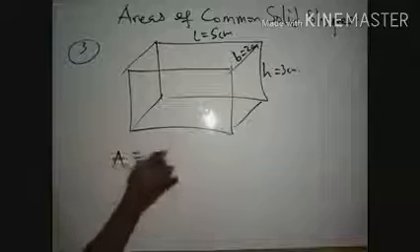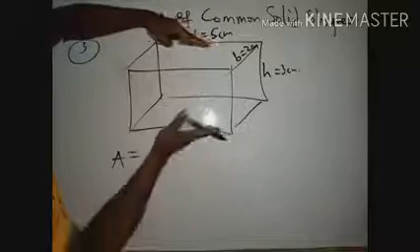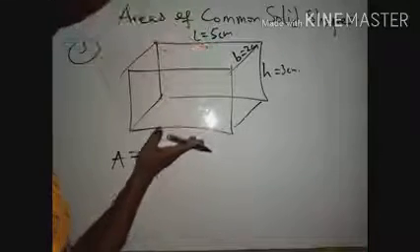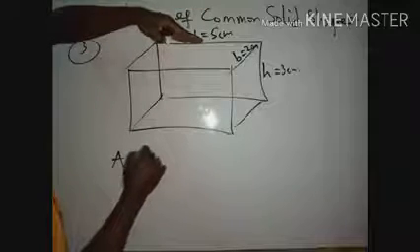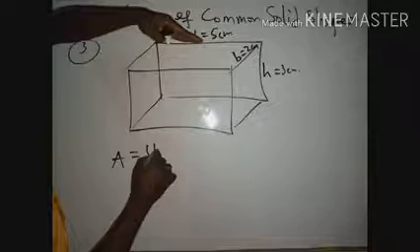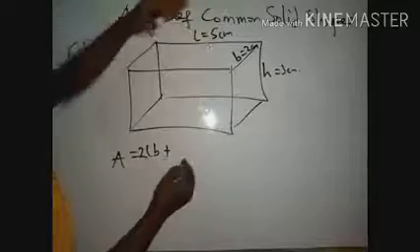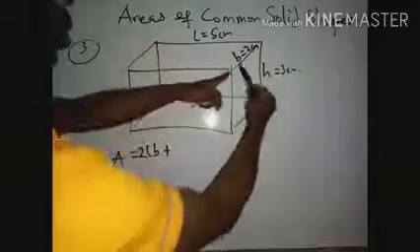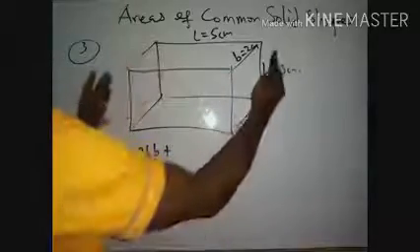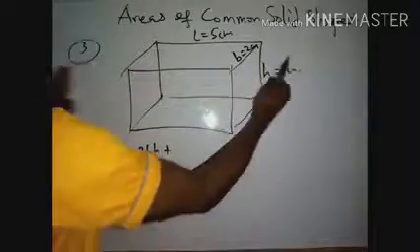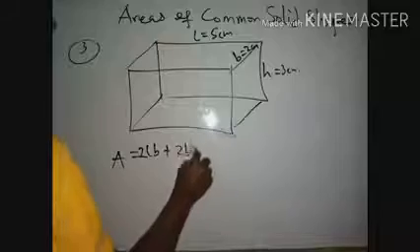So the area in this case, you see, this shape and the one down are the same thing. They are both length, breadth. So length times breadth, there are 2 of them from the top and from down. So 2 length breadth. Then breadth and height, and there are 2 of them. So 2 breadth times height.